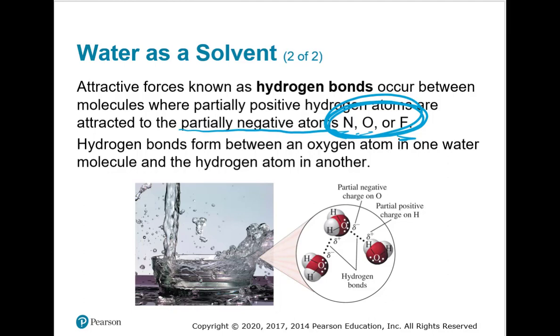They're very, very attracted. Hydrogen bonds form between an oxygen atom in one water molecule and the hydrogen atom in another molecule. Notice though that it's not an actual bond. It's kind of confusing. These little dots right here, the dots are showing the bond, but it's not a bond. It's just a very, very strong force of attraction, but it's not a bond.